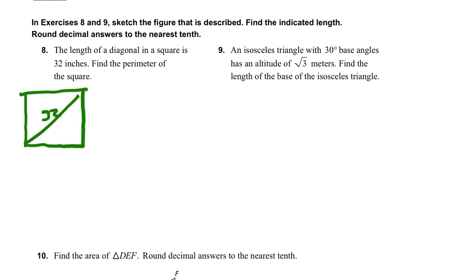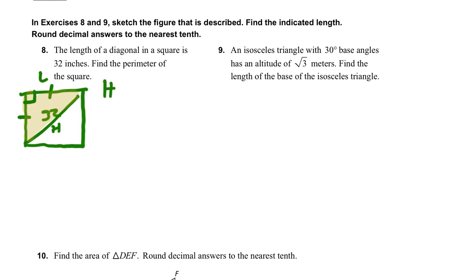And if we have a square, we know these two are the same, which means if I'm going to highlight this, I have an isosceles right triangle because we also know that each angle is worth 90 degrees. So I have my leg and I have my hypotenuse. So if you remember, I want to find my leg because perimeter is all four sides of the square added together.